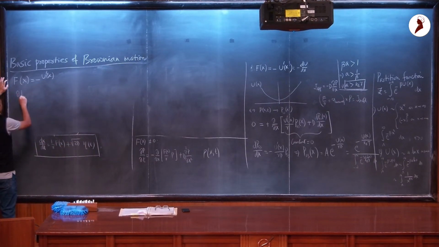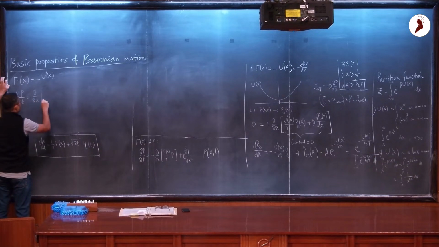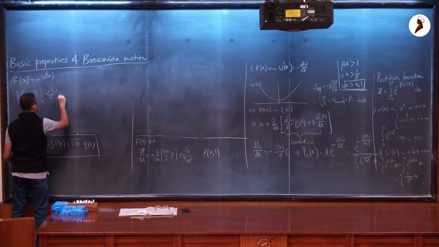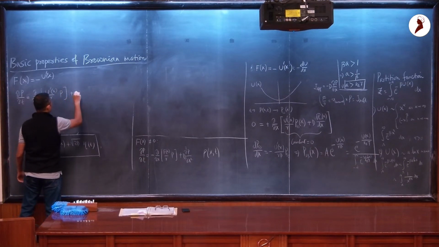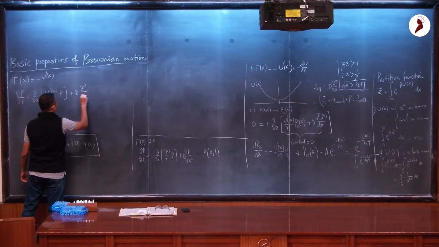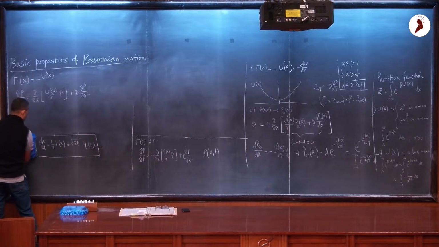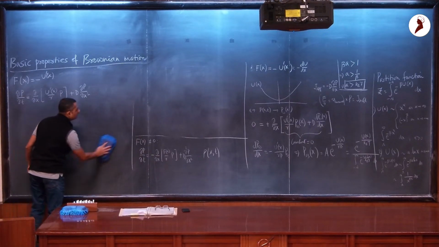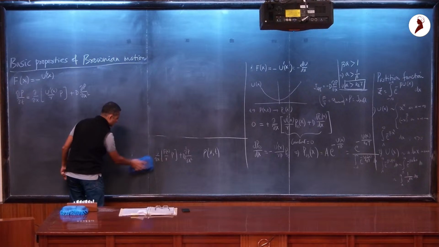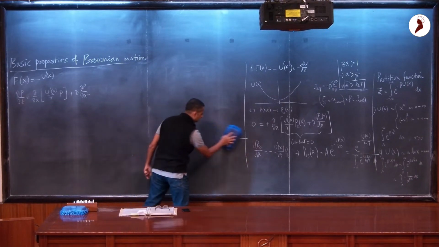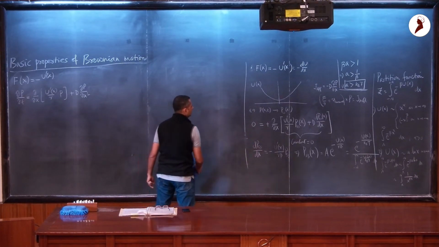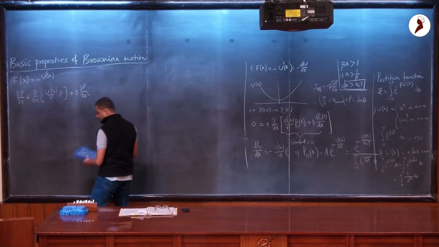The Fokker-Planck equation is del p del t is equal to del x of u prime x by gamma p plus d del p del x square. Okay, so let's skip this thing.